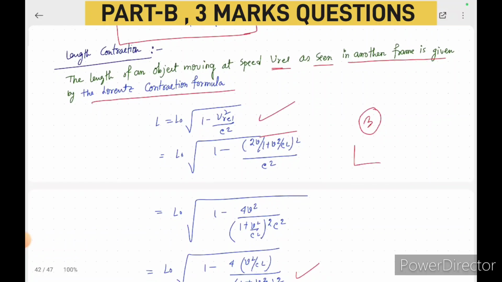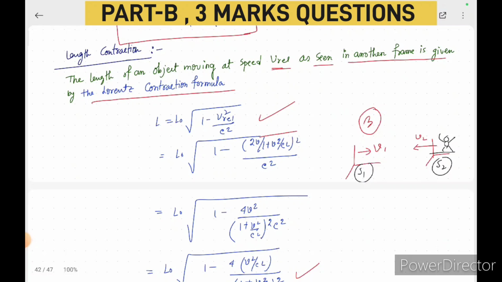Two frames: this is one frame moving with velocity v1, and this is another frame moving with velocity v2, and one observer is present in this frame. We are trying to calculate the length of these trains, or the length of any kind of object present in the S1 frame. This is the S1 frame, this is the S2 frame.